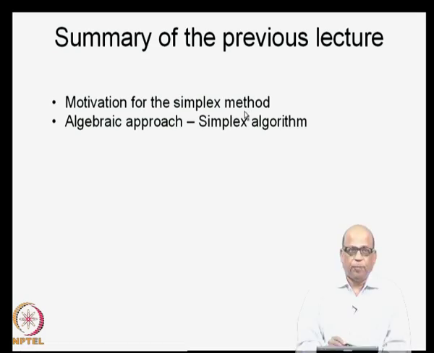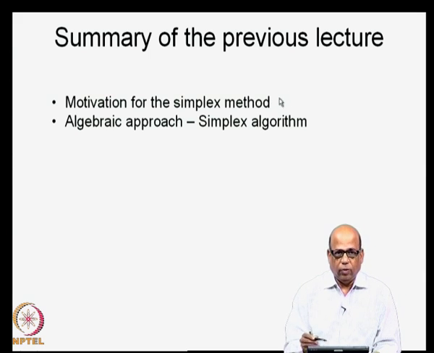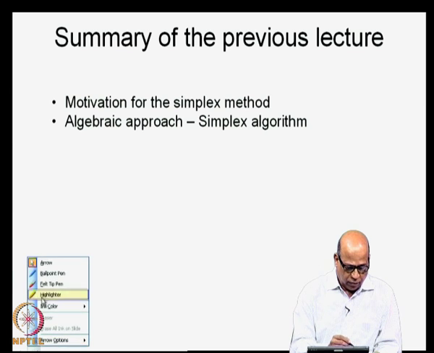So, in the previous lecture, we looked at the motivation for the simplex method through a simple example, and then we introduced what the basic variables and non-basic variables are. If you recall, we have n number of variables and m number of constraints.